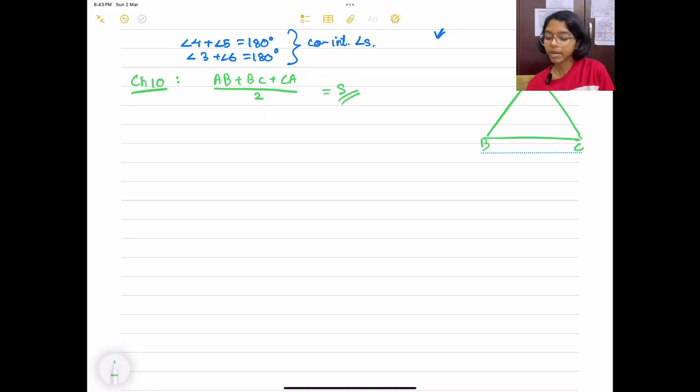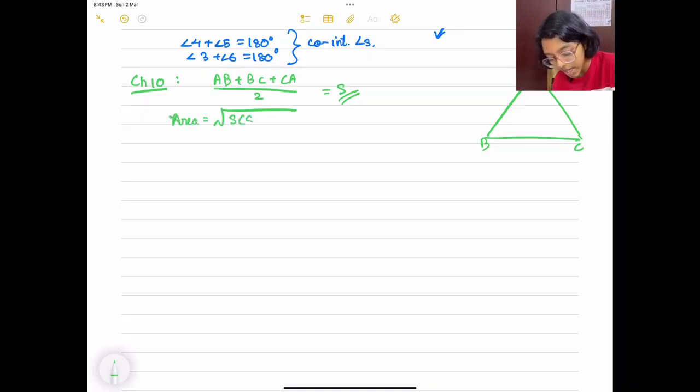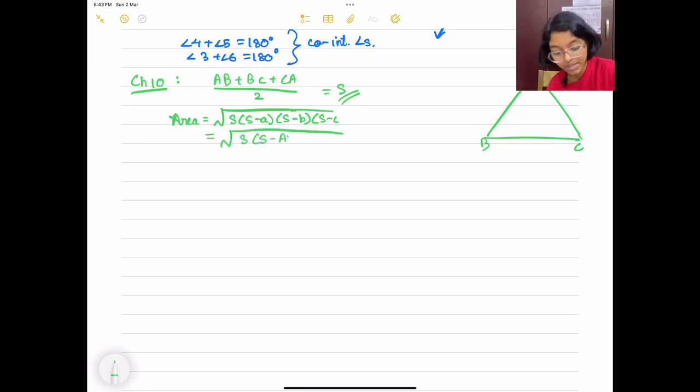After you find the semi-perimeter, you can use it to find the area of the triangle. How? Area is equal to root of S into (S minus A) into (S minus B) into (S minus C). Let me just say this side is A, this is B, and this is C. That's much better.